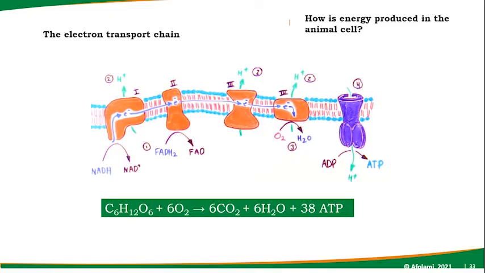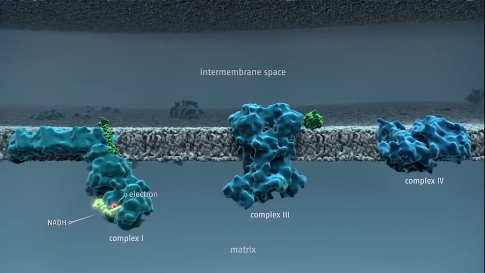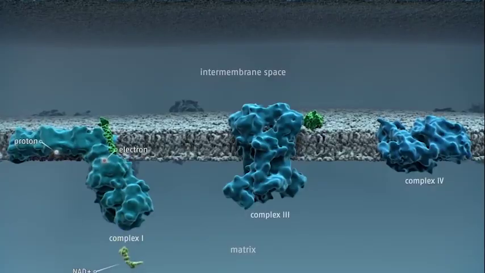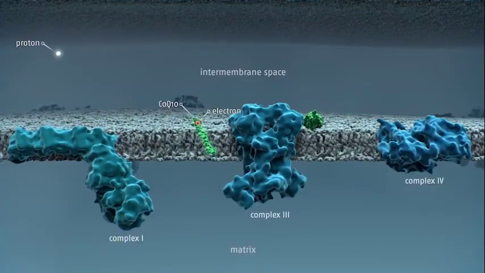So in complex 1, you recall that NADH is oxidized to NAD+, and in the process you have the hydrogen proton, and 2 electrons are released. So these 2 electrons are precisely what is passed to complex 3, and of course this keeps on happening.